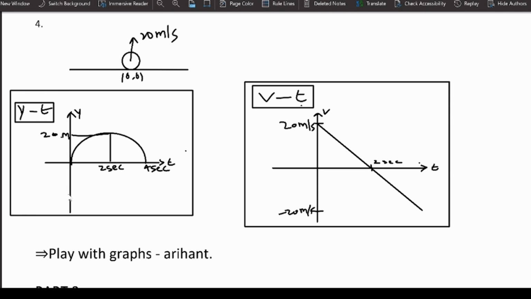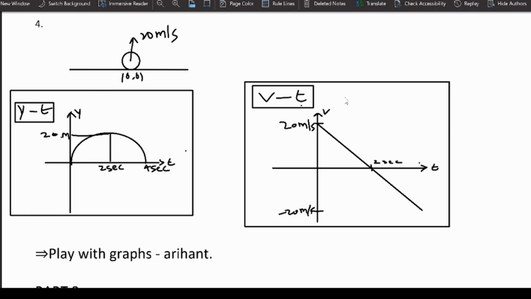Now, when I see a velocity time graph, it goes with initial velocity 20 meter per second, that is already known. And at time t equal to 2 seconds, it becomes 0 because at highest point velocity is 0, right? And then the ball is again falling down.